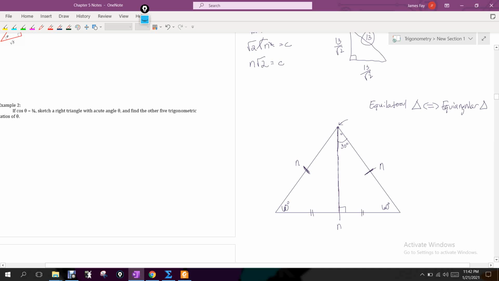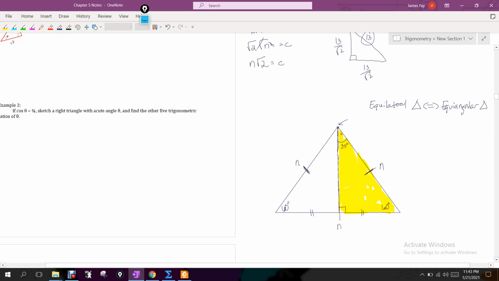And the base of an isosceles triangle is always opposite the vertex angle. So if we do that, my hope is you can see what we've generated is this triangle here. What kind of triangle is that? It's a 30, 60, 90.